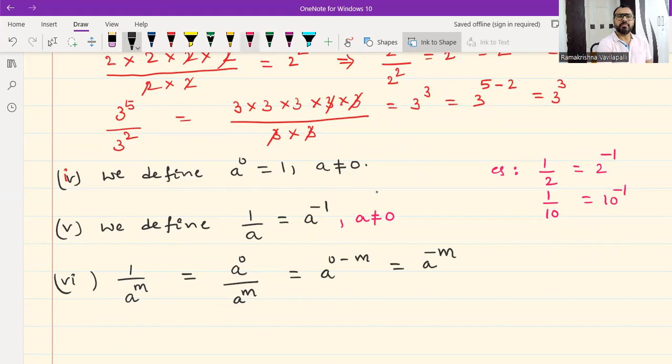For example, 1 by 3 into 1 by 3 into 1 by 3. So this we write 1 by 3 cube, or else you can write 3 to the power of minus 3.